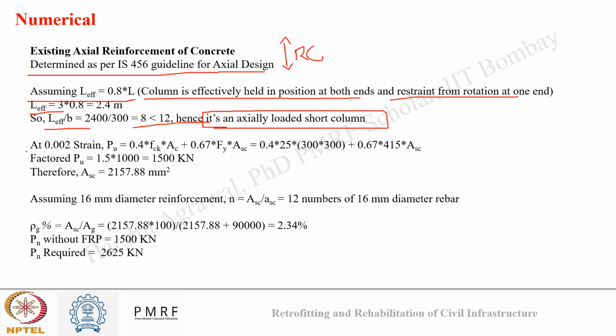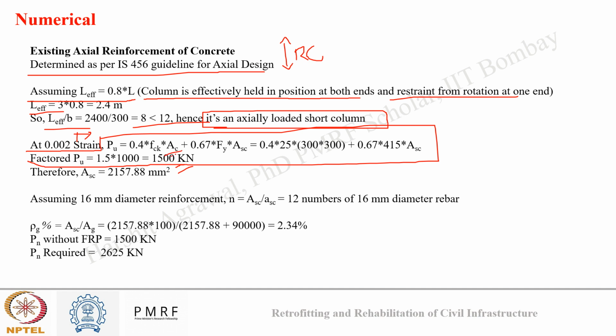For 0.002 strain level for steel, I will calculate the Pu by the relationship given in IS 456. My factored Pu is 1000 times 1.5.